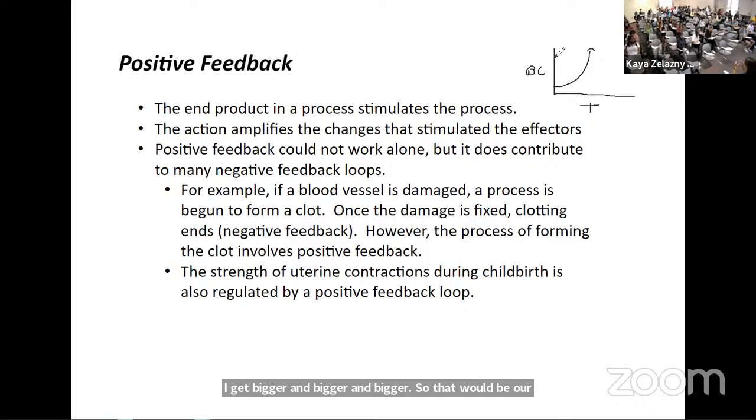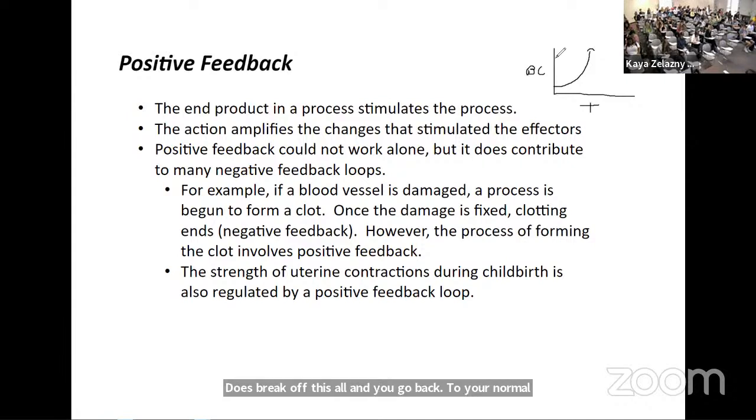We see a change in one direction, and then we have mechanisms in the body that are amplifying that change and making it bigger and bigger and bigger. However, if we think about blood clots, you don't want a giant blood clot in your arm forever. Eventually that blood clot does break off, dissolve, and you go back to your normal body with your new healed blood vessel.